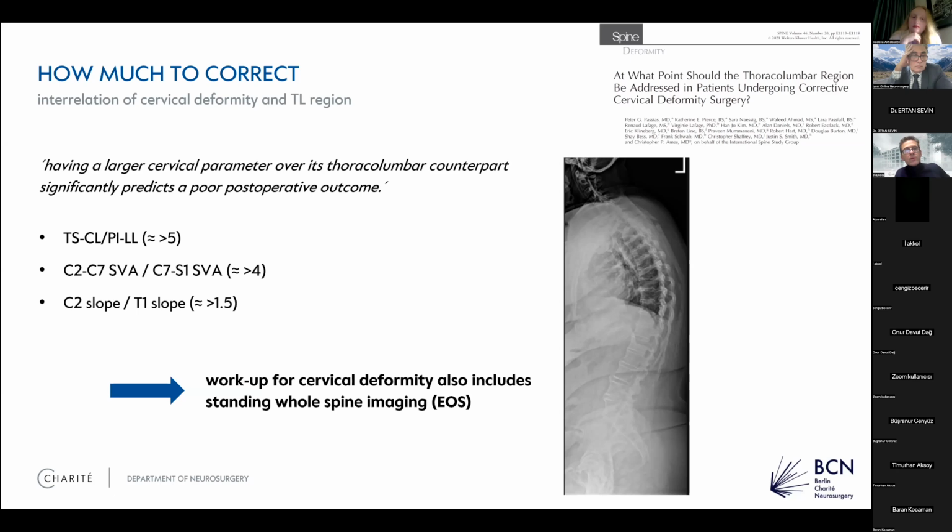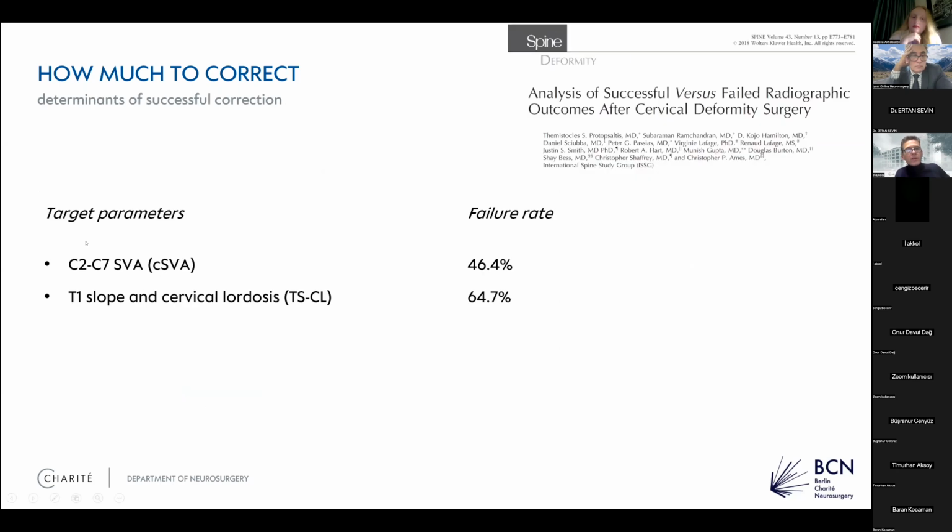And if your target parameter for how much to correct is the plumb line, you will have a failure rate of up to 50%. And if your target parameter is T1 slope minus cervical lordosis, your failure rate might be as high as 50 or 60%, especially if it's not a pure cervical deformity, but the deformity has another driver, which is subcervical.